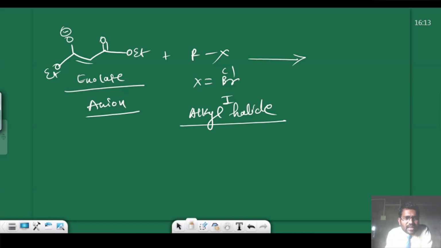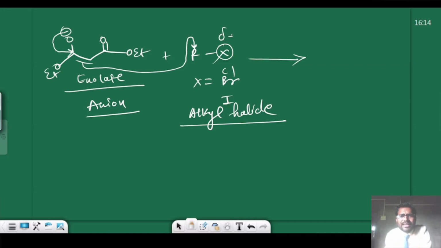How? Now this negative charge generated on this oxygen can come back like this, and it is going to attack the electrophilic center. The halogen is a more electronegative element and will pull electrons towards itself.